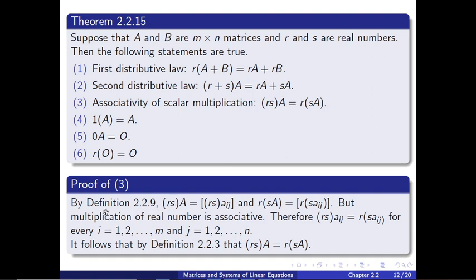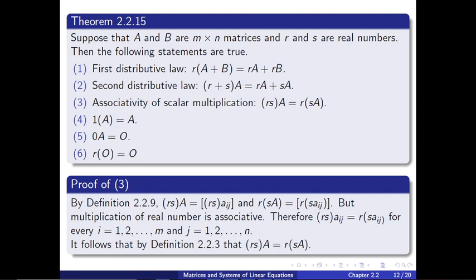So what do we have? What do we know? We have got definition 2.2.9, and this tells us about scalar multiplication, right? And it says that if you have (RS) times A, you are multiplying the RS to every entry of A, so you end up with something like that.